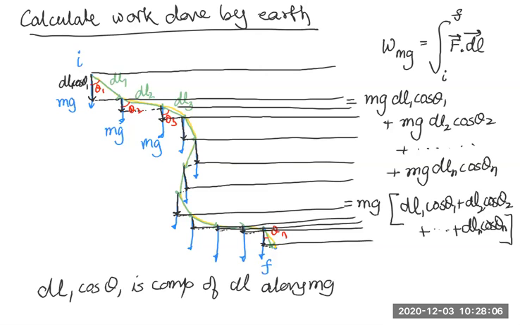Here is dl1 cos theta 1, dl2 cos theta 2, dl3 cos theta 3, dl4, dl5, 6, 7, 8, 9. So when I add the black arrows, what do I get?